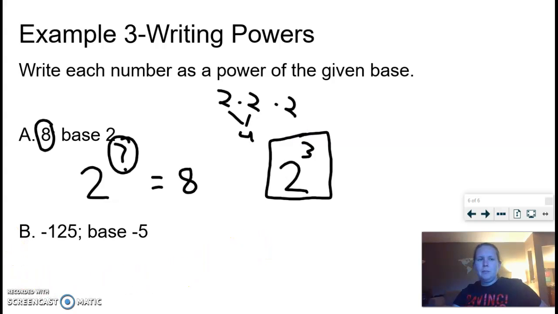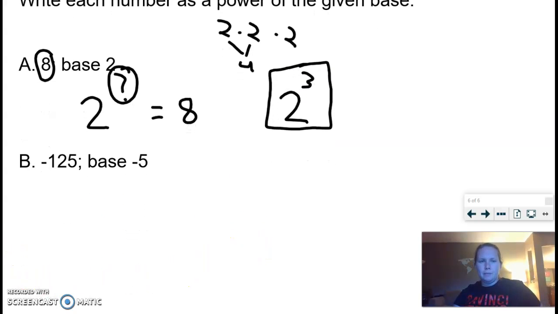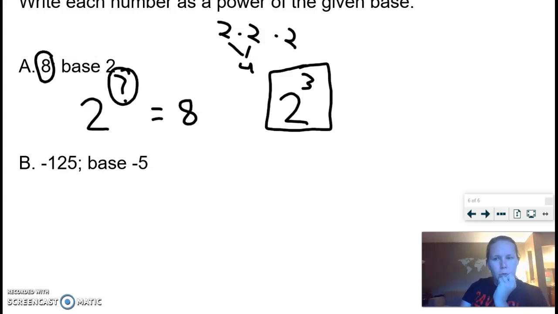All right, B is going to be a little more tricky though, because we've got a -125. There's actually a couple ways you could write this. First, let's forget about the negatives for a minute and think about multiplication. So 5 to the power of what?